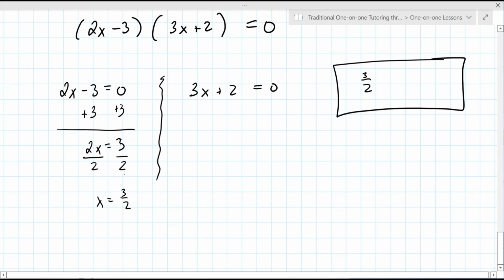What about the next one? 2 plus 2 minus 2. So when you subtract 2, that'd be -2.